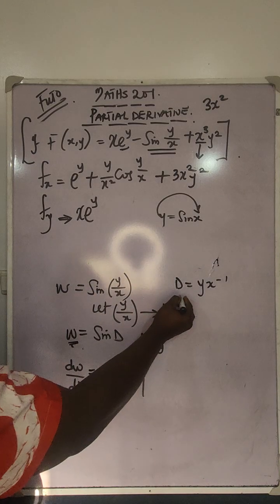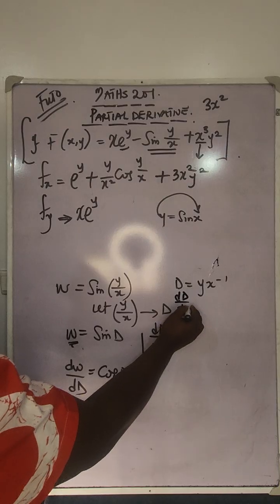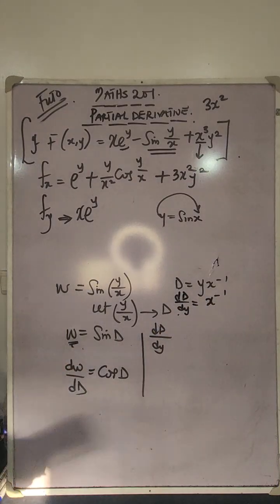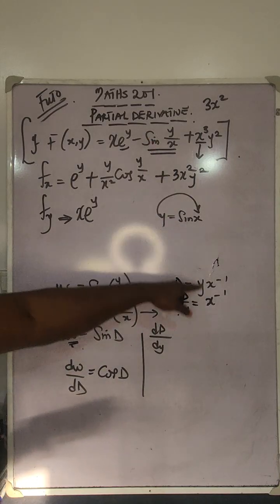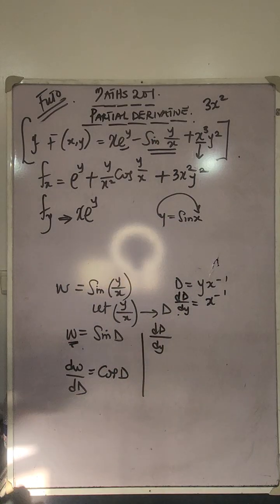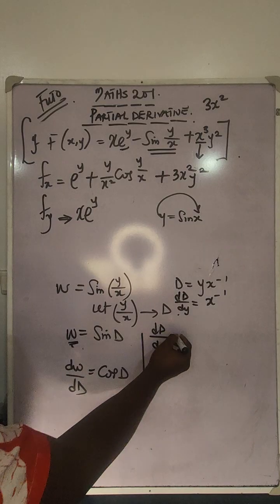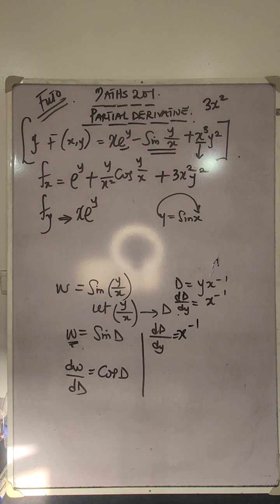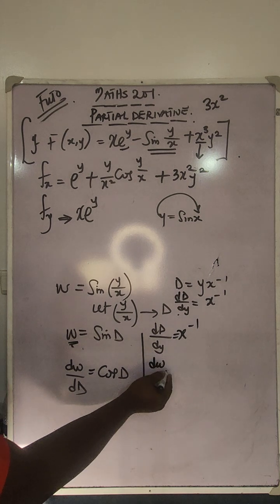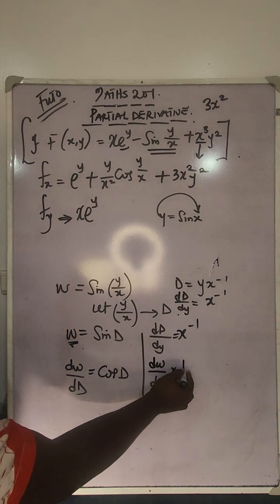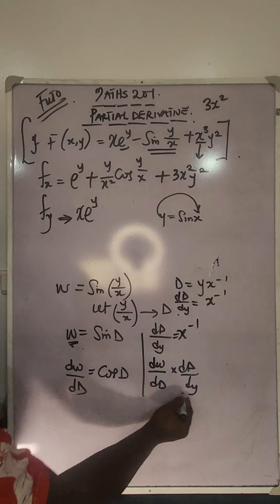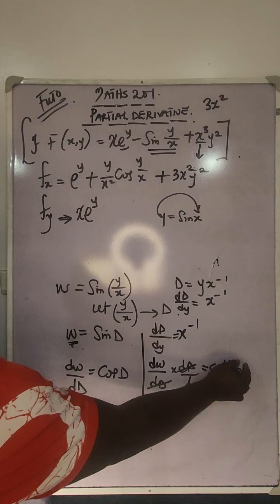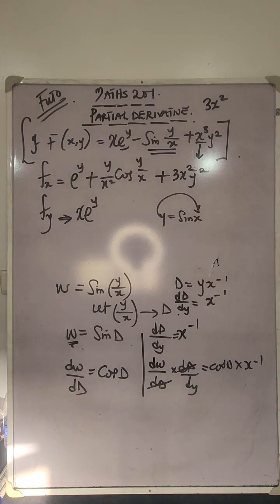So the d, the y is x to the power of minus 1, because if you differentiate y here, you have 1 multiplied by x to the power of minus 1, which is x to the power of minus 1. So we say the w, the d should multiply the d, the y. This cancels this, and so we have cos d should multiply x to the power of minus 1.